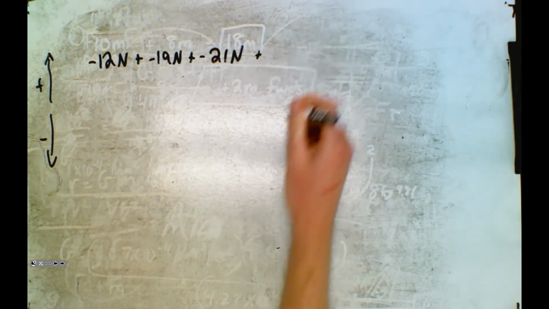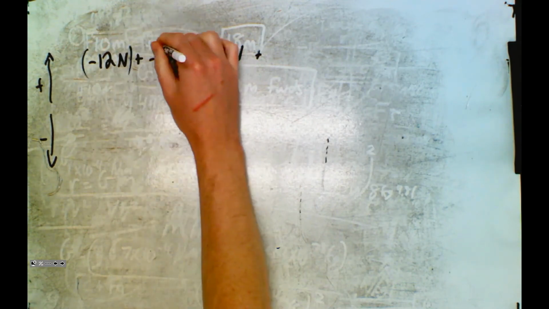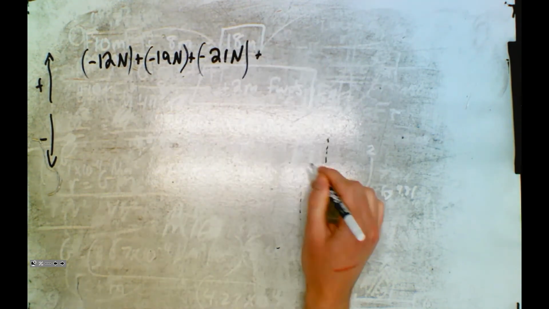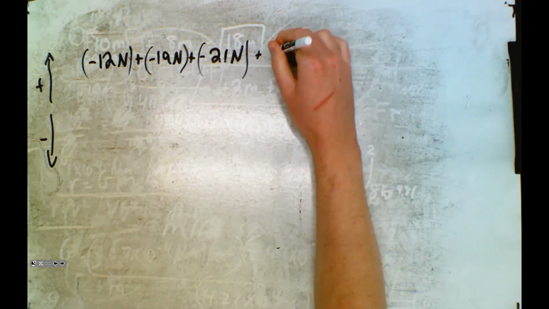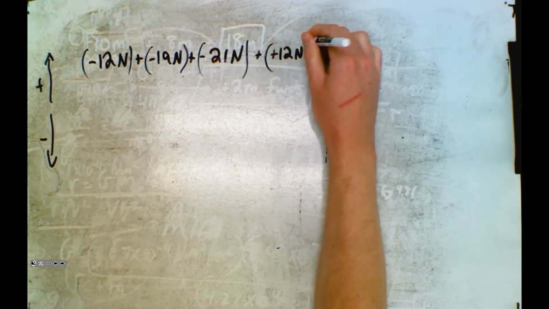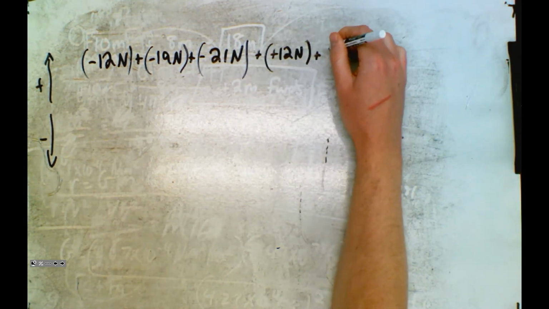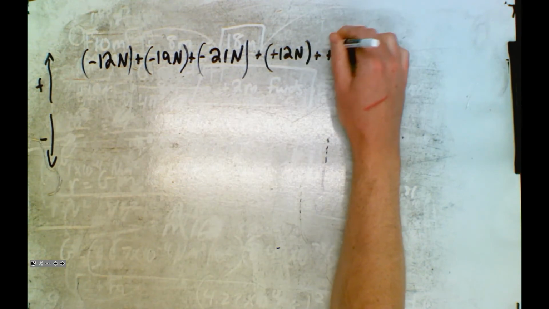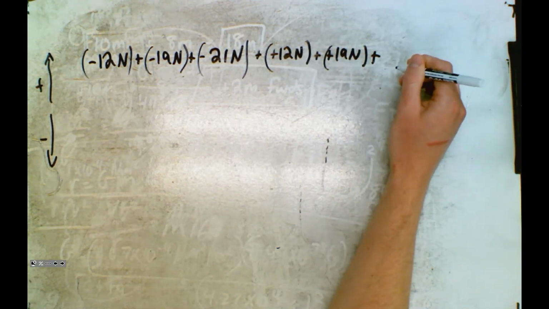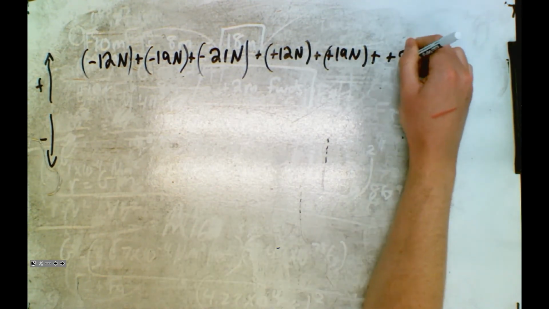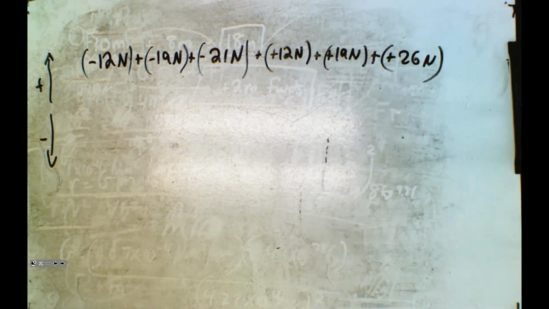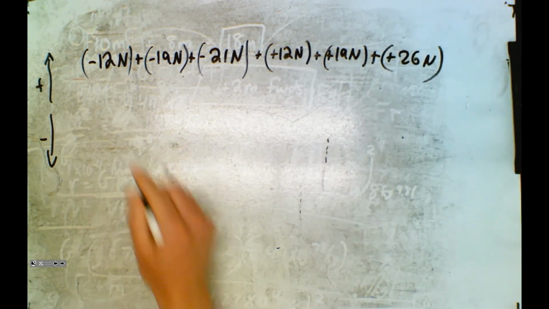And then I'm going to add the team that pulls to the north. Let's put these in brackets here. So the first one is positive 12 newtons, and positive 19 newtons, and positive 26 newtons.